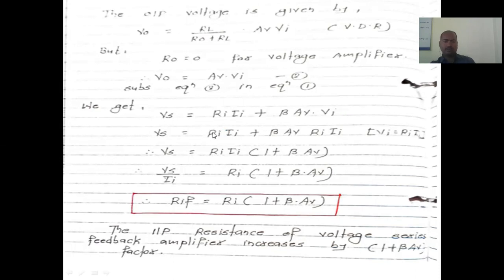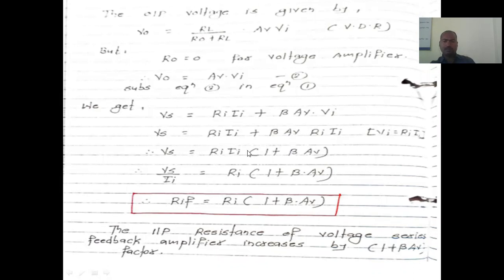So your equation is Ri into Ii plus beta into AV. For Vi we write Ri into I. Now Vi is equal to Ri into I. Now we take out Ri into I as a common term. So 1 is remaining, and beta into AV as it is, because Ri into I is common. The term remaining is 1 plus beta AV only.